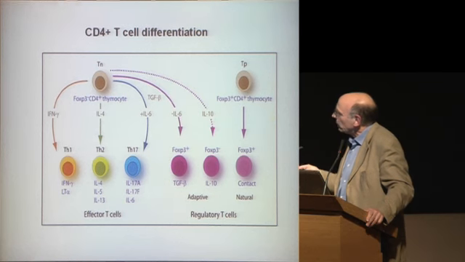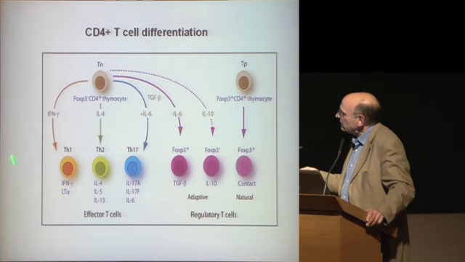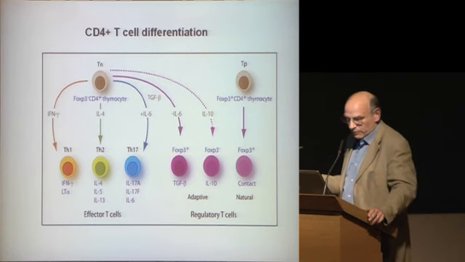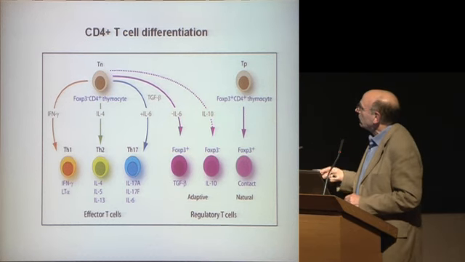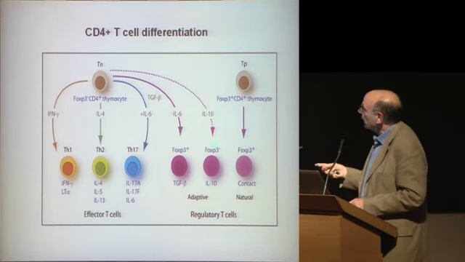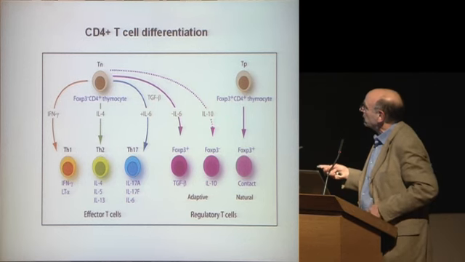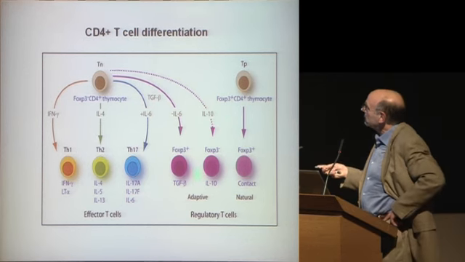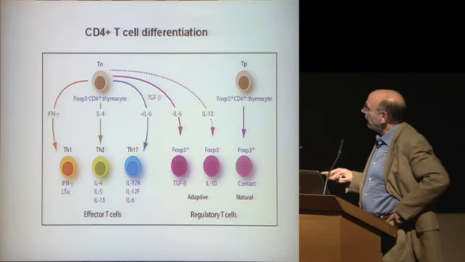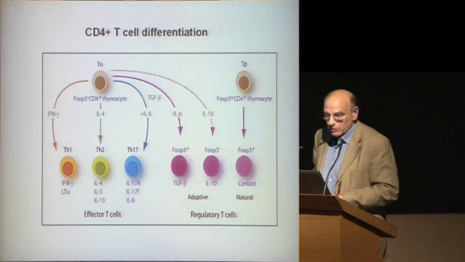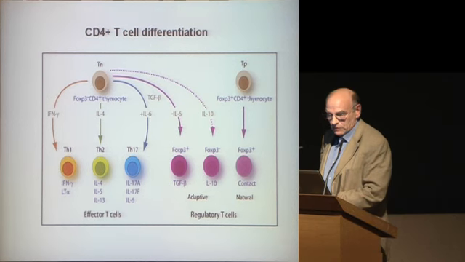But we're going to talk about one today, although it also affects interferon gamma production by Th1 cells. I'm going to talk about one function today, and that is by FOXP3 IL-10 producing regulatory T cells.